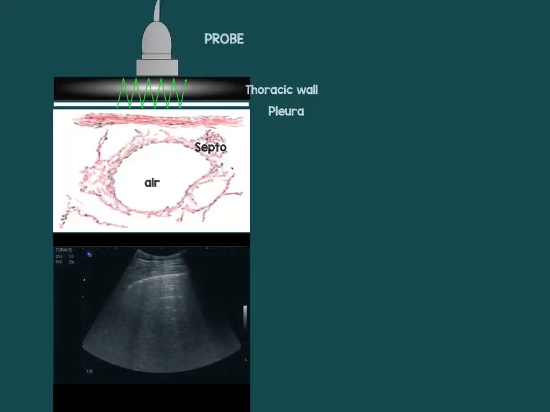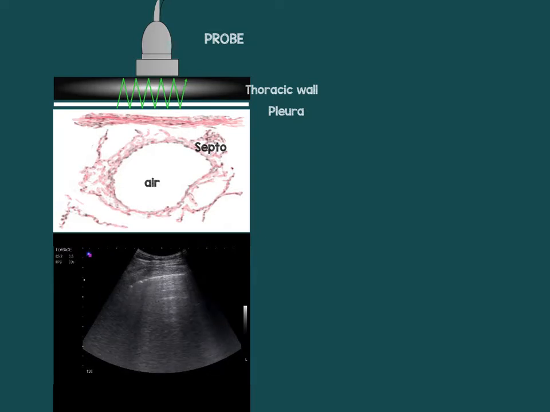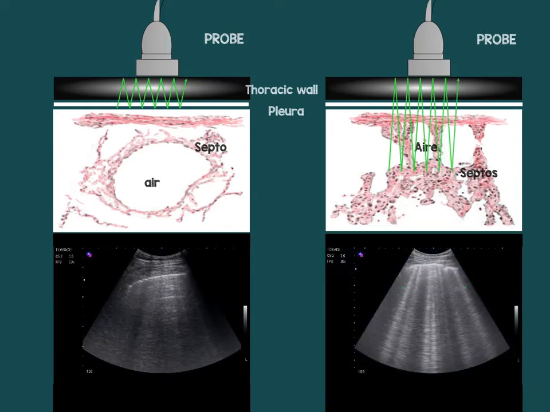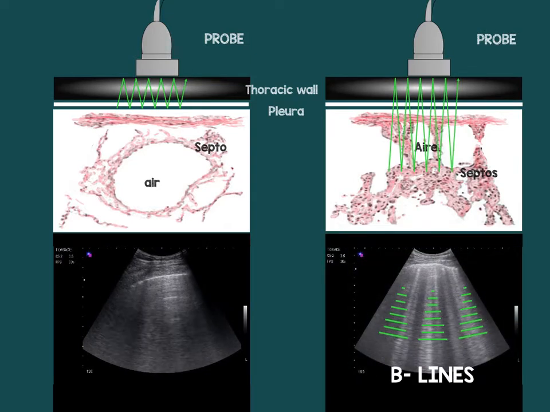Although the real pathogenesis of the B lines is not yet well known, we are supposing that in a normal interlobular septa, like in the scheme, the septum and the air, when the interlobular septa are thickened, the ultrasound beam is able to go deeper than normal and originates these B lines, a kind of vertical lines compounded by millions of horizontal lines, like in this case.